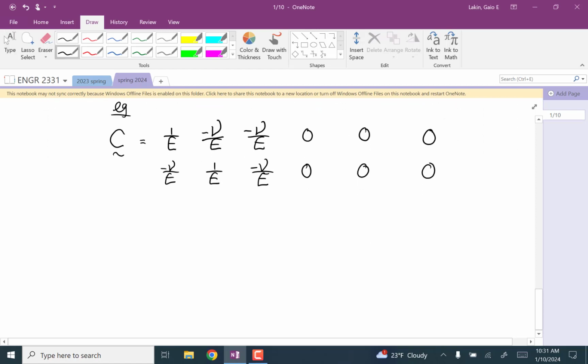The third row, we have 1 over e here, negative nu over e here, and 3 zeros. Now we're half done.